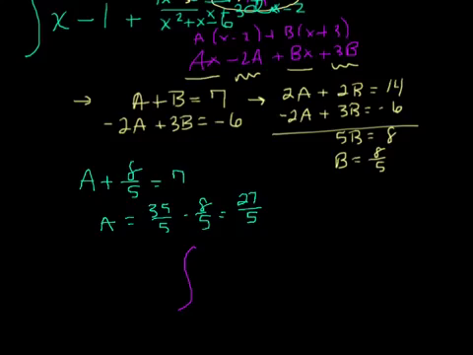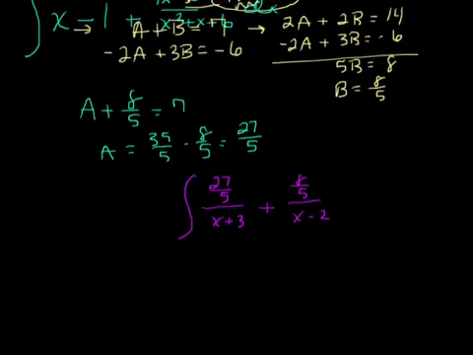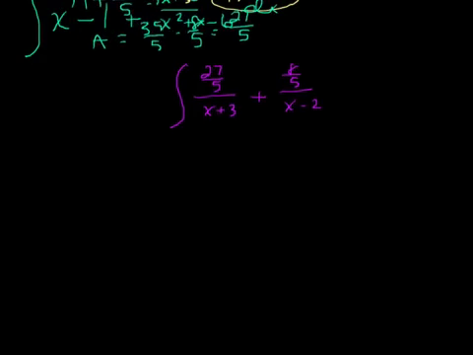So instead of A over x plus 3, I have 27/5 over x plus 3. And my B value is 8/5 over x. Look, I put x plus b, but it's x plus 3. Whoop. x minus 2. Separate those two.